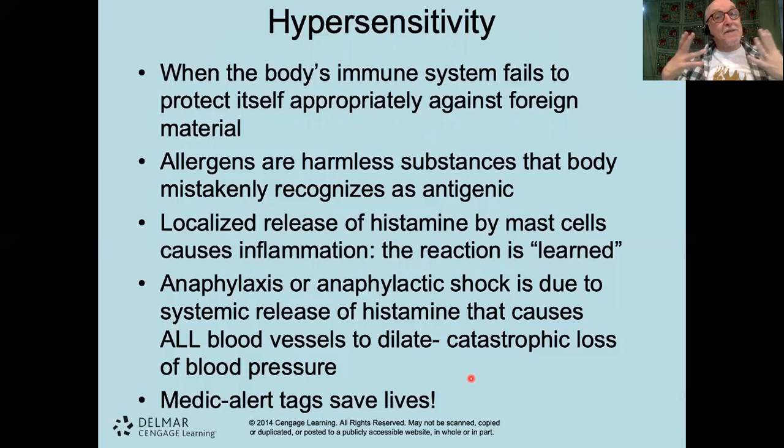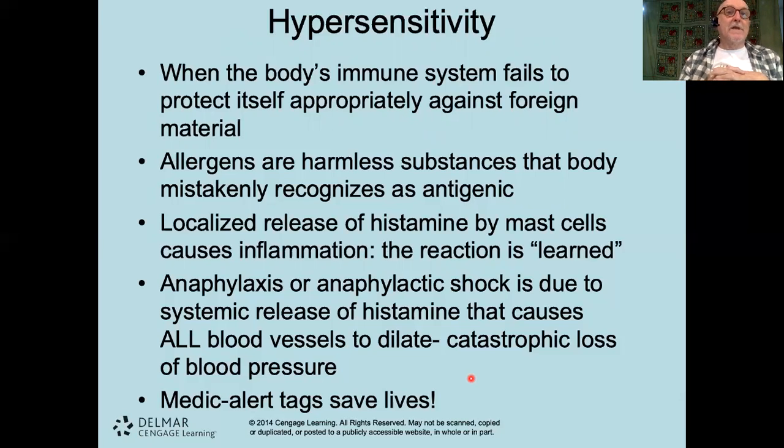Now, hypersensitivity or allergies are a particular group of responses, some of them very, very complicated, but at its simplest, I express it like this. The immune system is supposed to be able to distinguish self from non-self, that is true, but it's not supposed to produce responses to harmless substances.